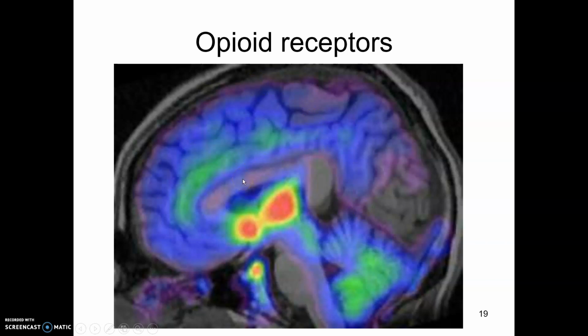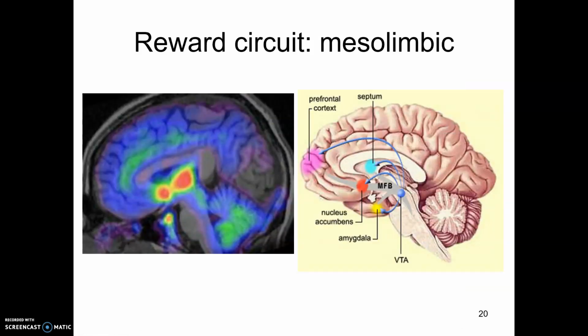This kind of looks like a certain pathway that I think we've seen before. Can you also notice that? I do. It looks like the mesolimbic pathway in this particular case. So opioid receptors are concentrated largely in the midbrain, and that binding basically stimulates the reward pathway.